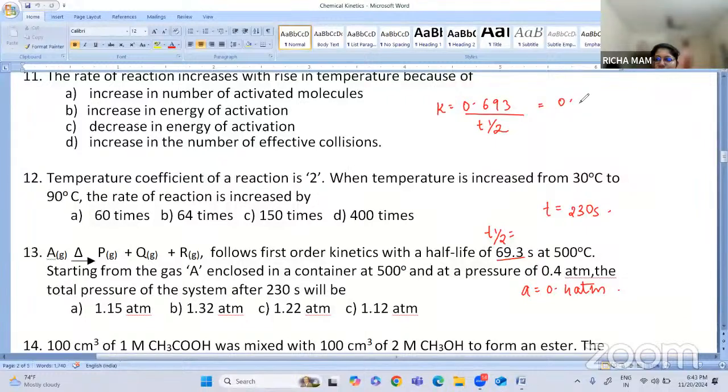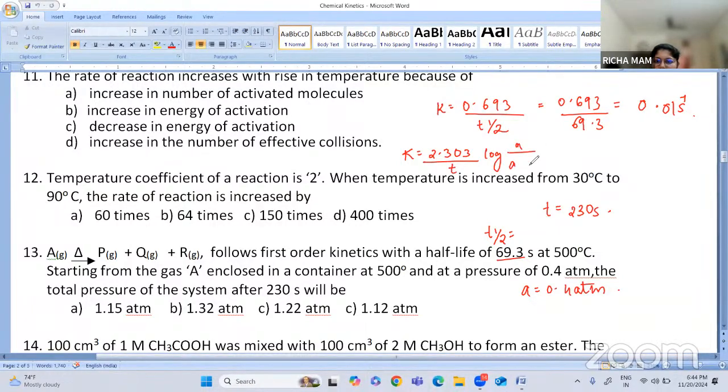So after solving, 0.693 by 69.3 seconds, how much are you going to get? Just see. We have to find the value of K. It will be 0.01 per second, right? 0.01 per second.